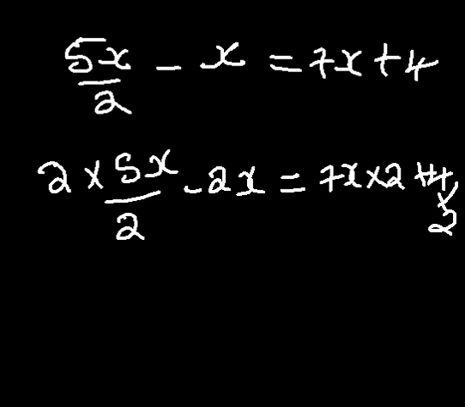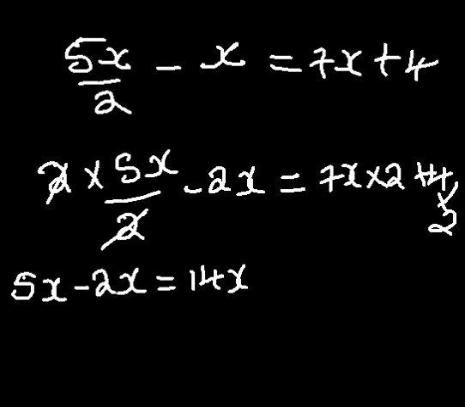So this 2 and this 2 cancel. That will give us 5x minus 2x, which is equal to 14x plus 8.